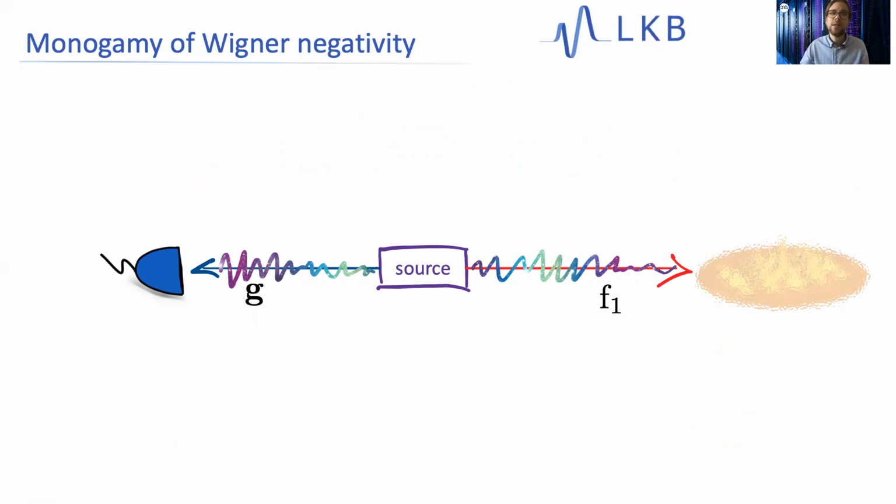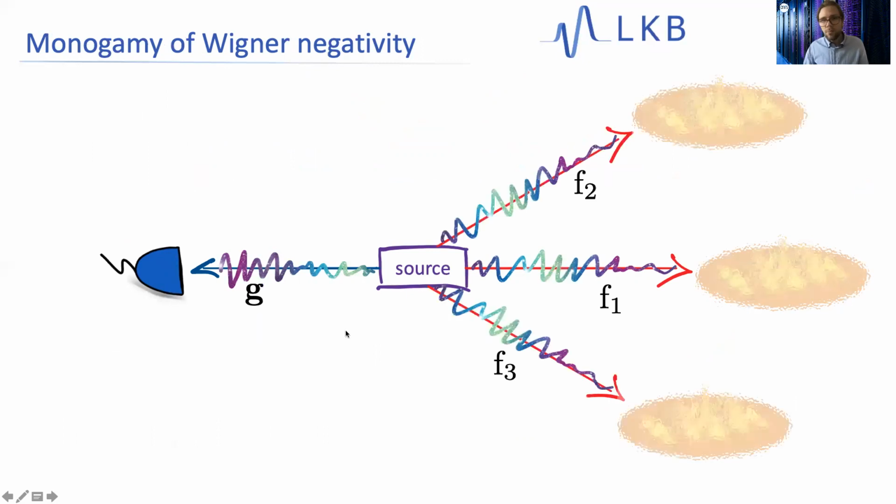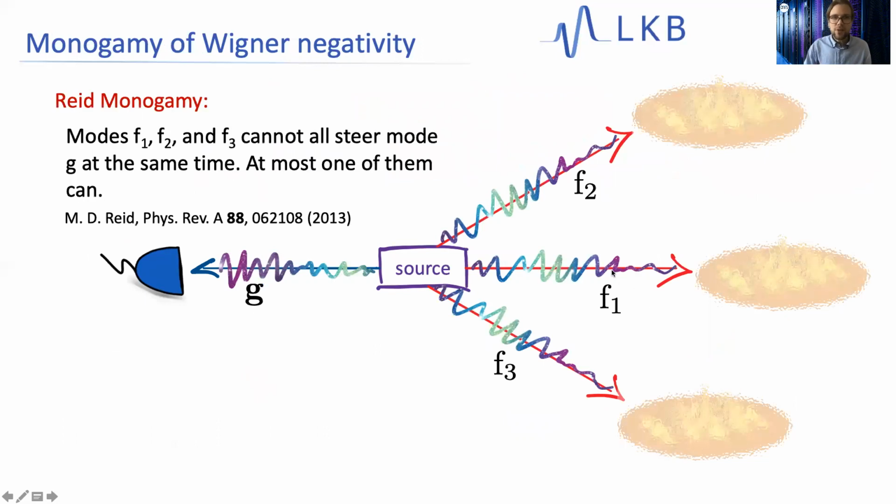So now I'm going to assume that I have just one mode G, and not one, but several modes F. There is a concept called Reed monogamy, which is specific to Gaussian quantum steering for Gaussian states, which says that if I have this mode F1, for example, which can do steering on the mode G, and we have the entire thing defined in a Gaussian state, then automatically other modes, F2 and F3, cannot do any steering on G as well. So at most, one of these modes can steer G at the same time.